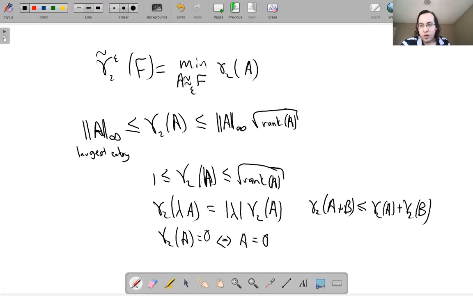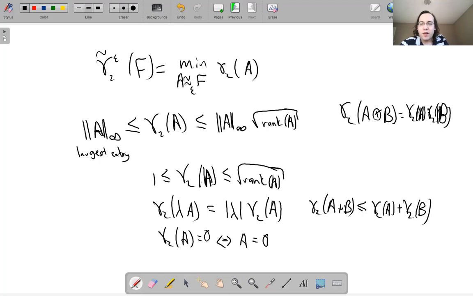Okay, so it's a norm. It has very many other very useful properties. For example, the gamma 2 norm of a tensor product of A and B is equal to gamma 2 norm of A times gamma 2 norm of B.